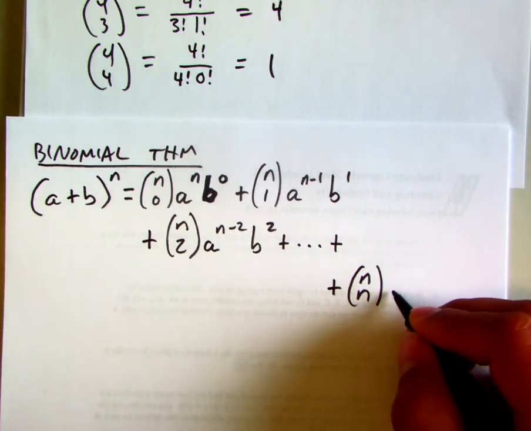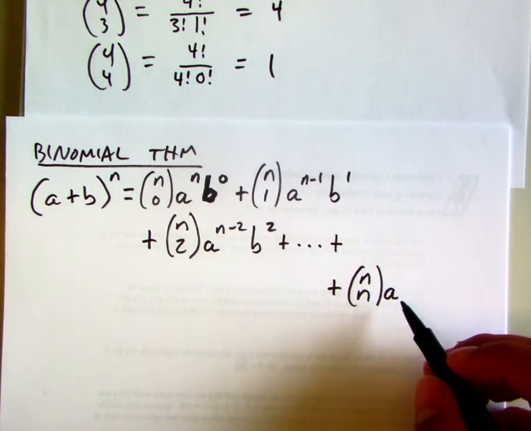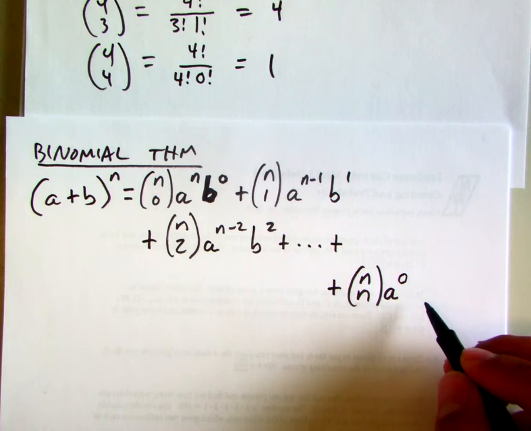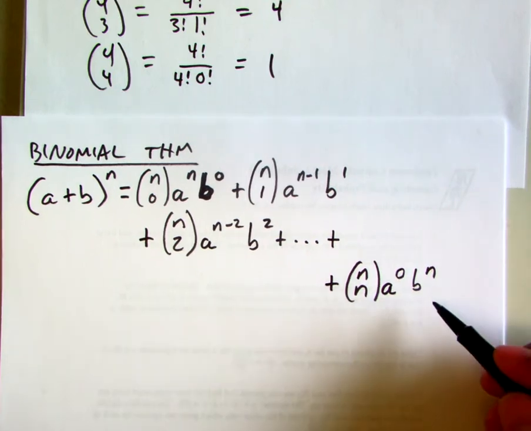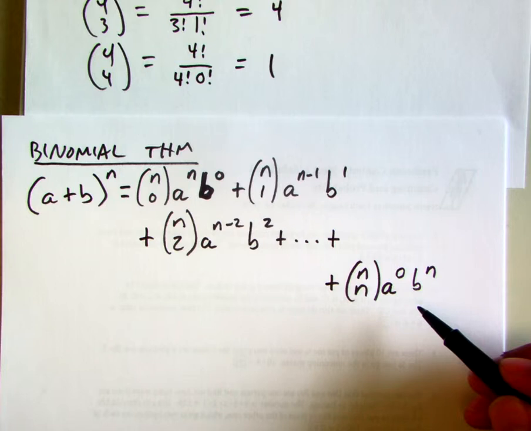How many a's for the last term? 0. And how many b's? B to n. Very good.